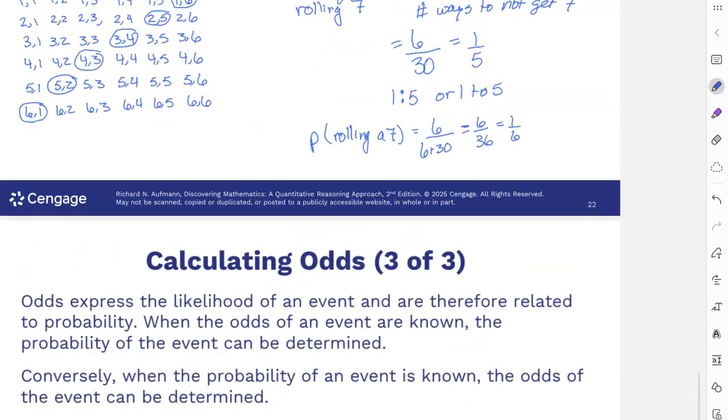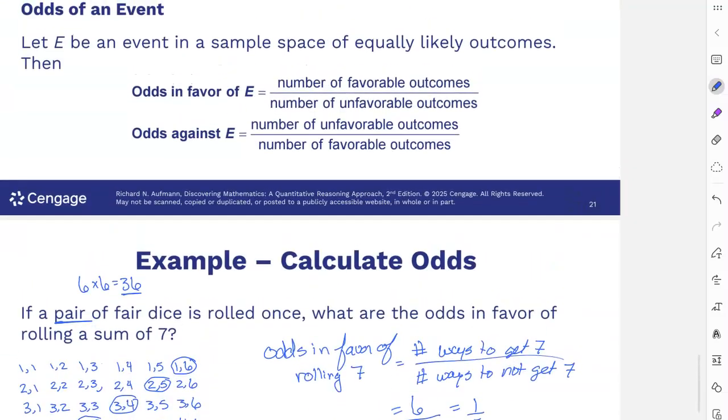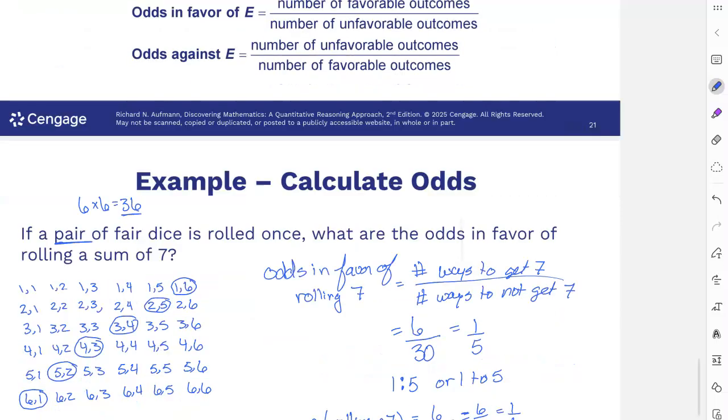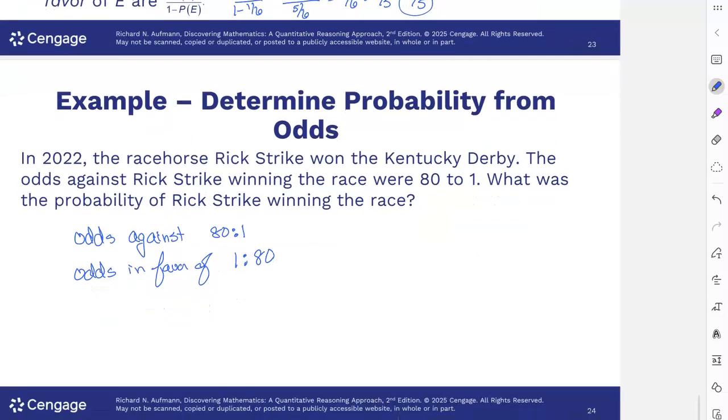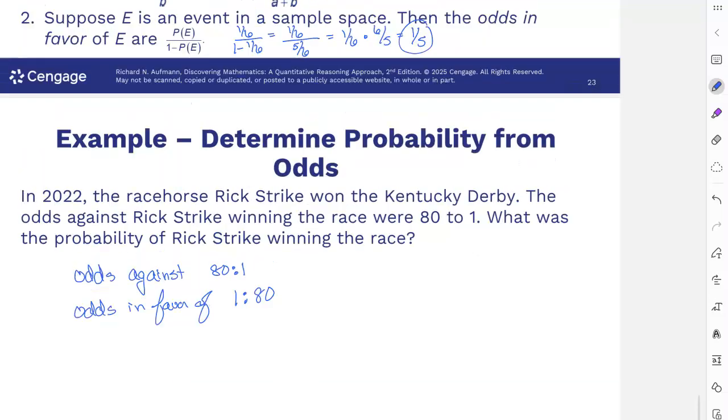And that's what we talked about up here. You just flip that fraction. That's a relationship between in favor and against. So now we want to figure out probability.